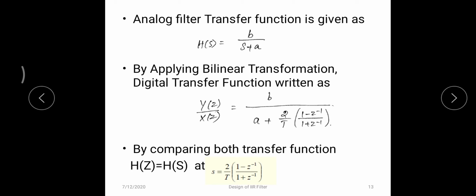Now compare both analog and digital transfer functions. From this we can write s is equal to 2 by T into 1 minus z inverse divided by 1 plus z inverse. Here I can conclude that your analog transfer function will be converted into digital transfer function by substituting s is equal to 2 by T into 1 minus z inverse divided by 1 plus z inverse.